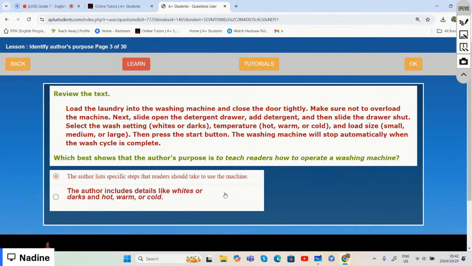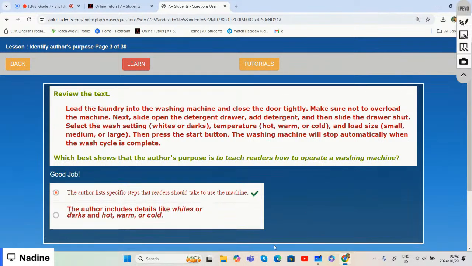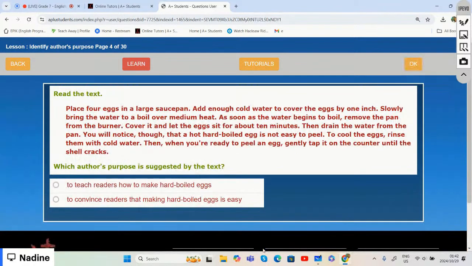I open the door. First, I throw in the detergent, then I throw in this, then I throw in that. So, option one is correct, telling us step by step what to do.